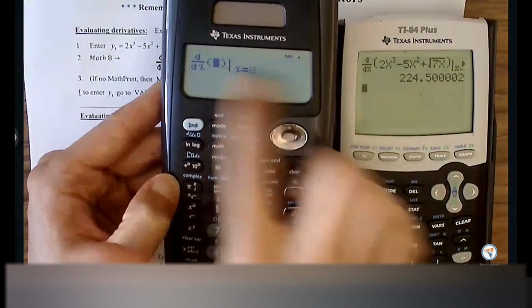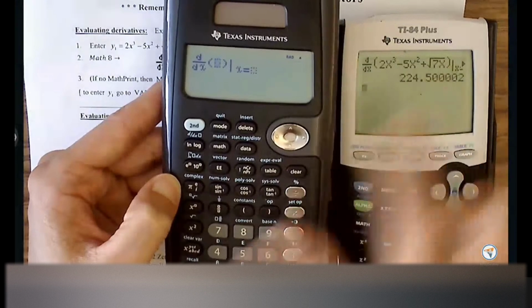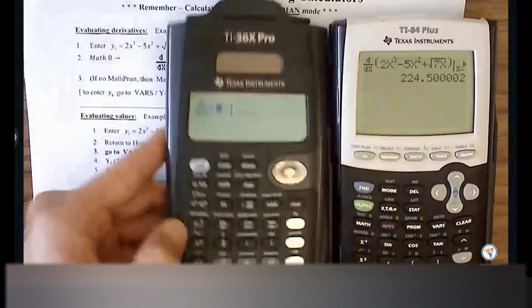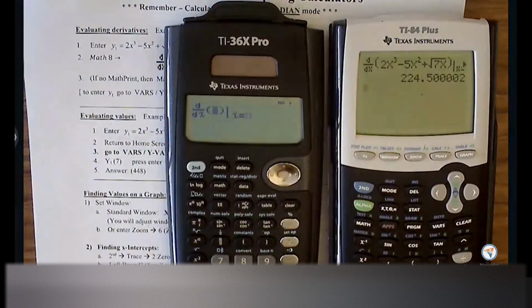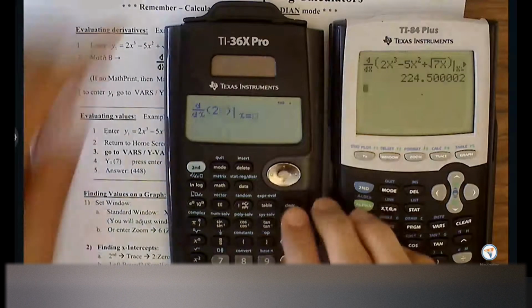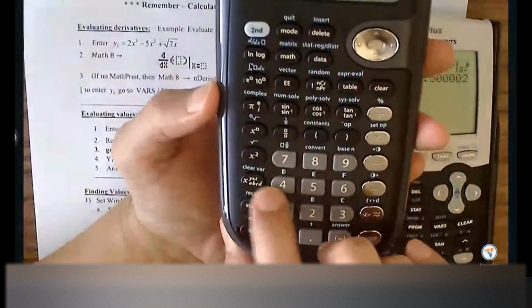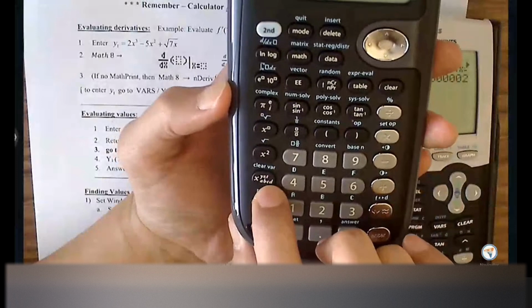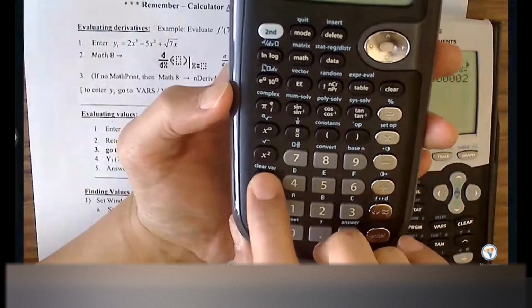So you can put that function in, 2x cubed minus 5x squared plus 7x. Now, your x is next to the 4. If you tap it more than once, you're going to hit other variables, but we're always using x.